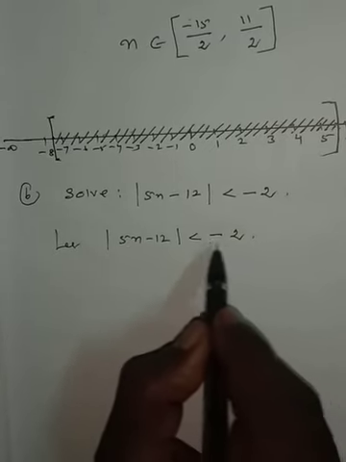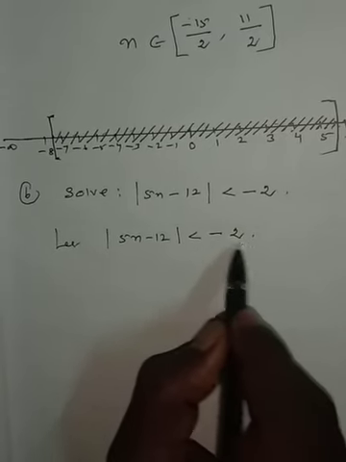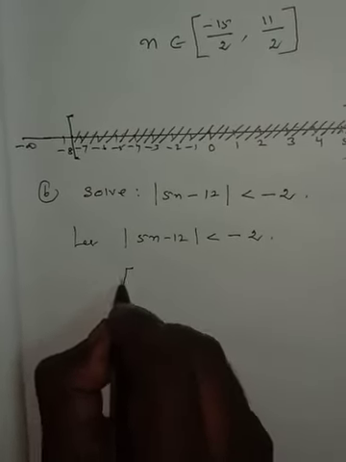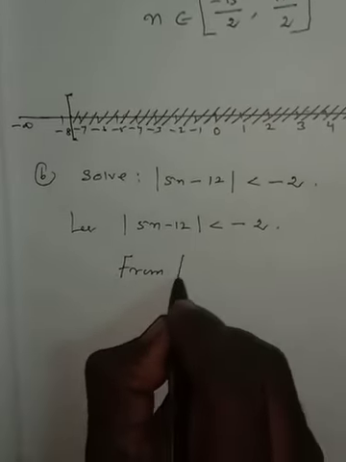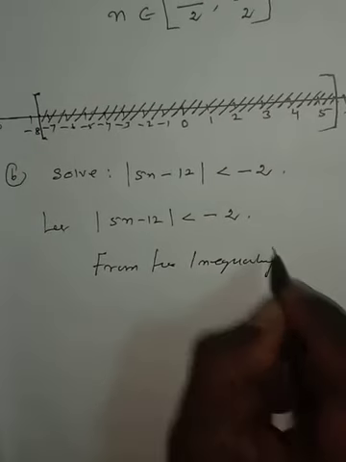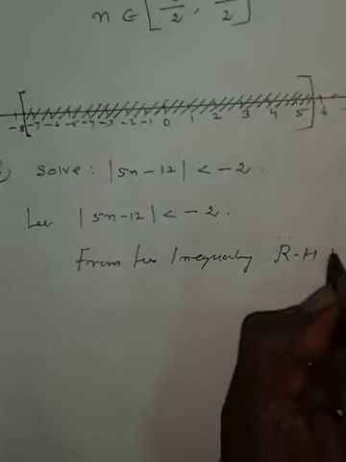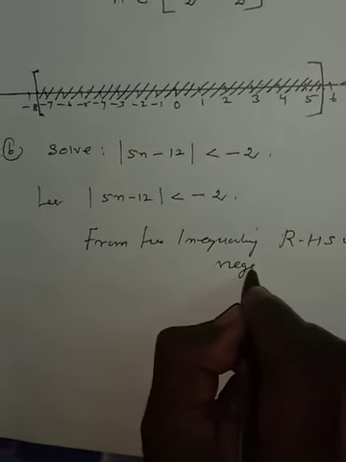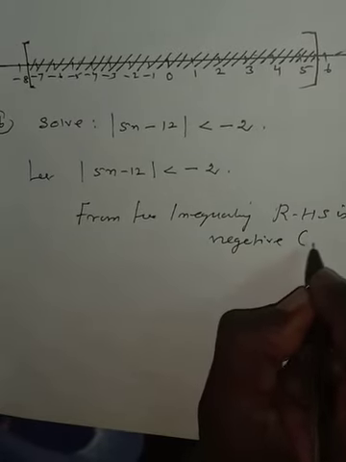But in this case, the right-hand side is negative. The RHS is minus 2.